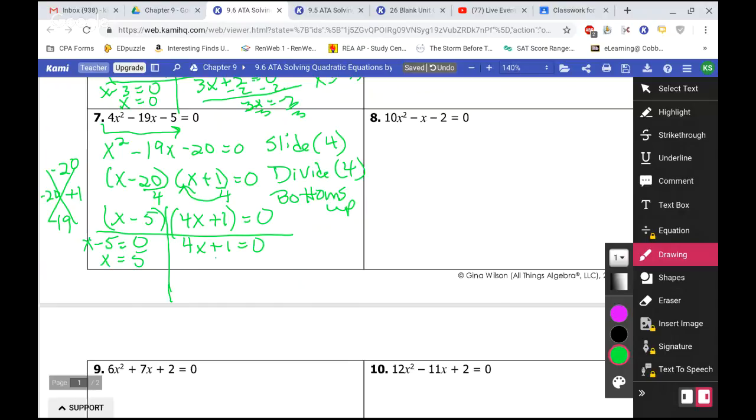And then over here is a little two-step equation. Won't hurt you a bit. x equals negative 1/4 because you divide both sides by 4. I didn't show that, sorry. So now I have a solution set of negative 1/4 and positive 5.